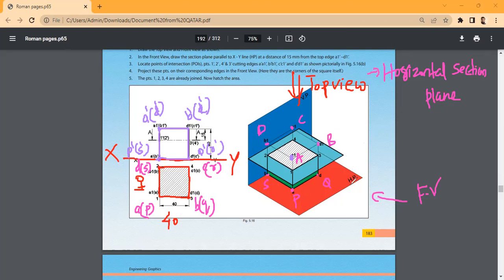A section plane which is parallel to HP and perpendicular to VP is known as horizontal section plane. So what is the front view of a horizontal section plane? It's a straight line. So draw a straight line in the front view. How much distance from the top end?